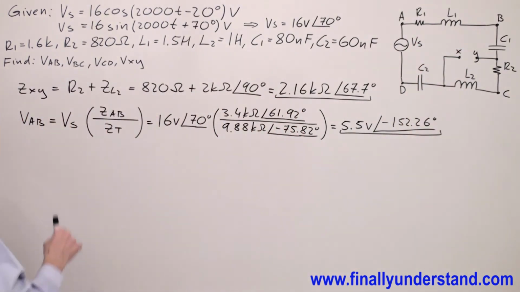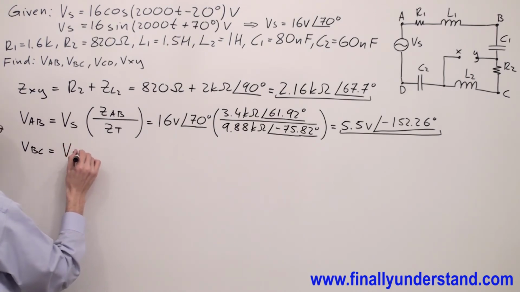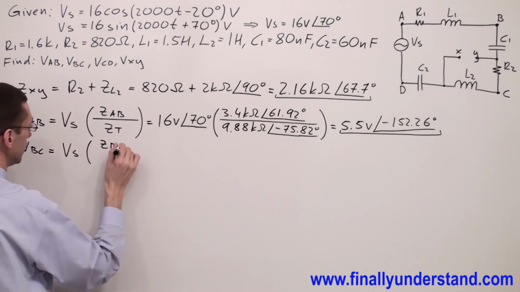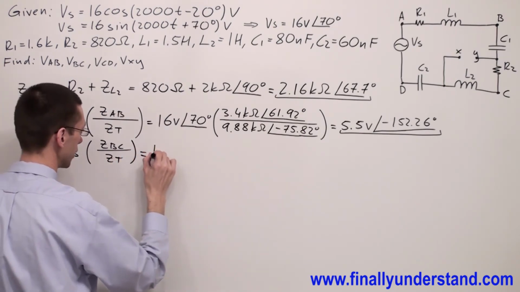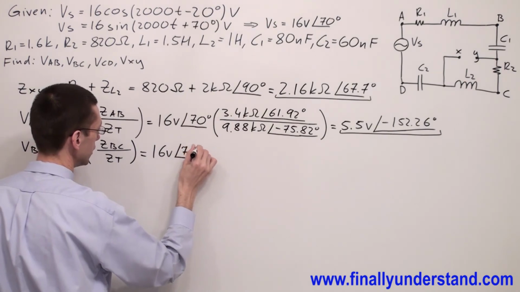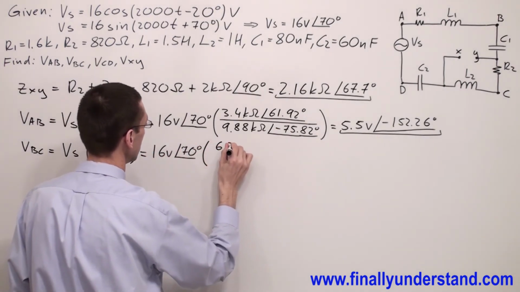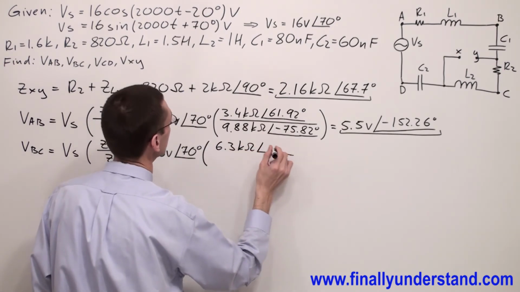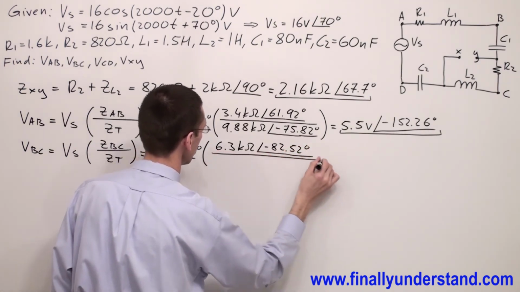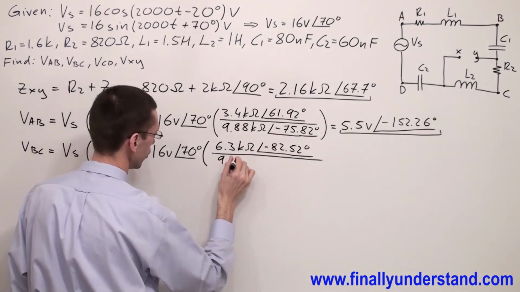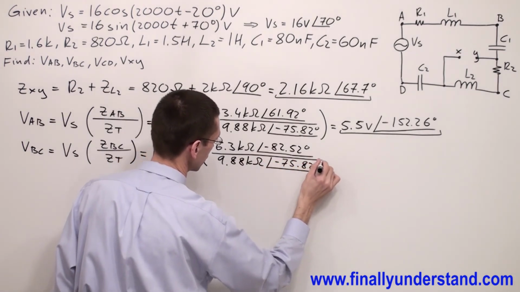Next, we're supposed to find voltage VBC. VBC is equal voltage source times ZBC over Z total, where voltage source is equal 16 volts and angle of 70 degrees times ZBC is equal 6.3 kilo ohms and angle of negative 82.52 degrees over Z total, which is equal 9.88 kilo ohms and angle of negative 75.82 degrees.